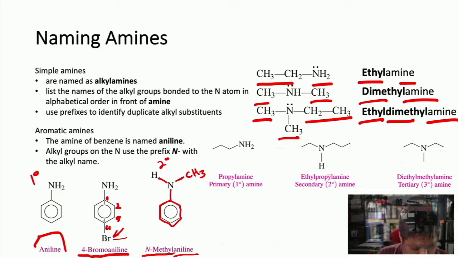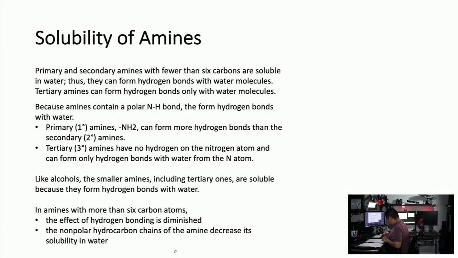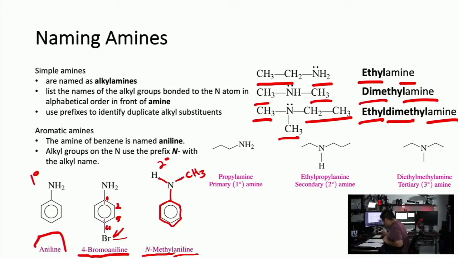Let's keep on going with this. Just so you're familiar with the line angle drawings, we have here propylamine, which is a primary amine. 1 carbon there, 2 carbons there, 3 carbons there. So it's a propyl, and then amine attached to it.